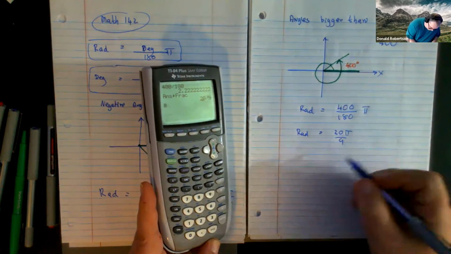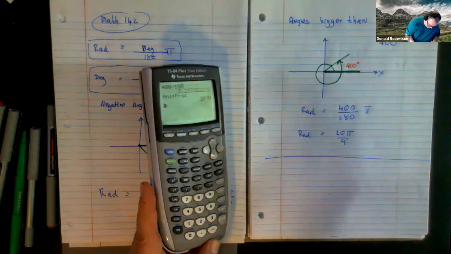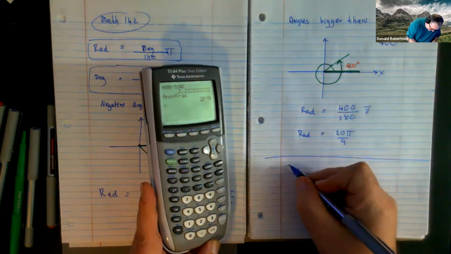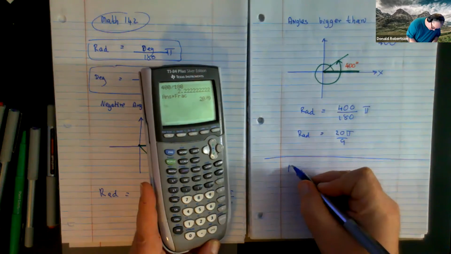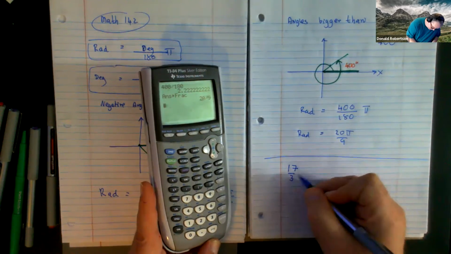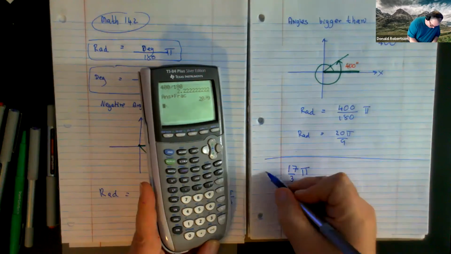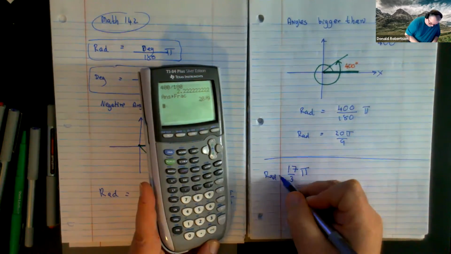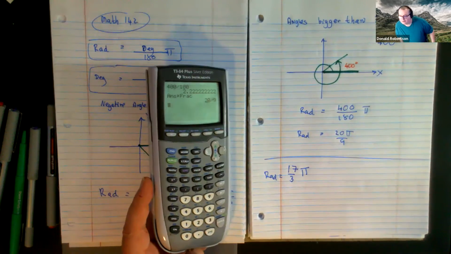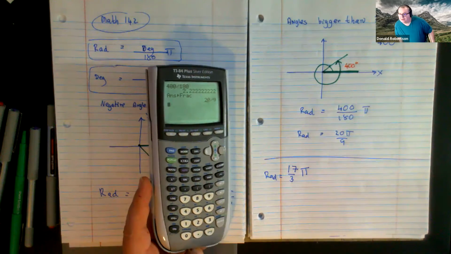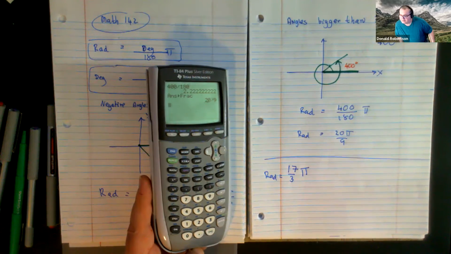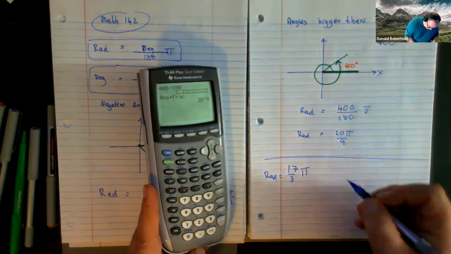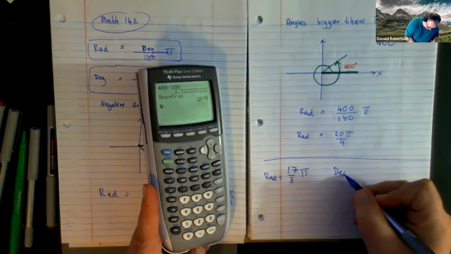Now, suppose you wanted to do an angle that's bigger than 2 pi. Suppose you wanted to do 17 thirds pi. I'm not even going to bother trying to draw that one, but would you agree it's bigger than 2 pi? Now, I want to turn it into degrees.